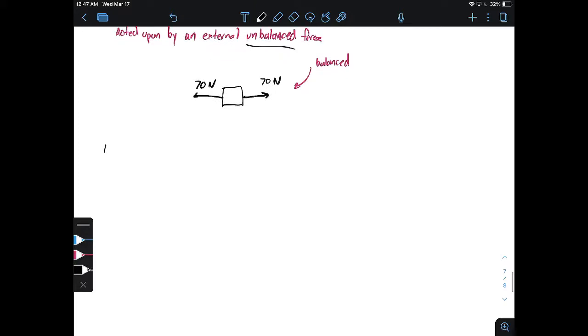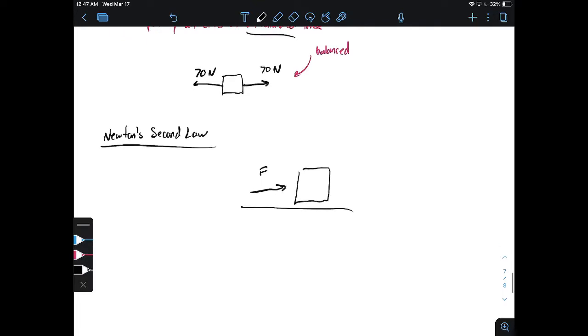So let's talk about Newton's second law. Okay. So Newton's second law, we have a force acting upon an object. Let's draw a little diagram here.